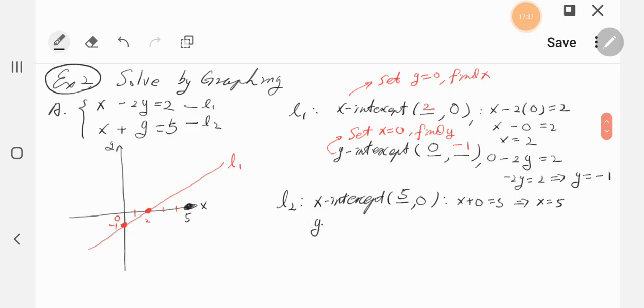Okay, y-intercept. We set x equal to 0 and let's find the y value. From the second equation, x is 0, then y is equal to 5. So 1, 2, 3, 4, 5.